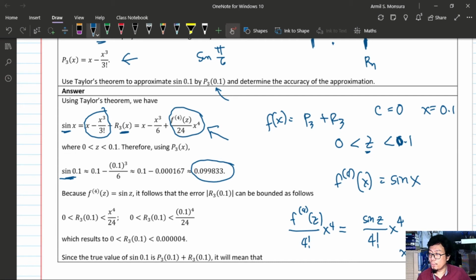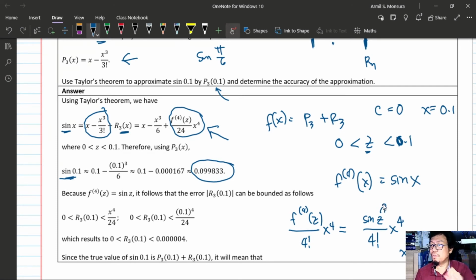We know x is 0.1, but we don't know what z is. Therefore, it would be virtually impossible for us to compute sin z.